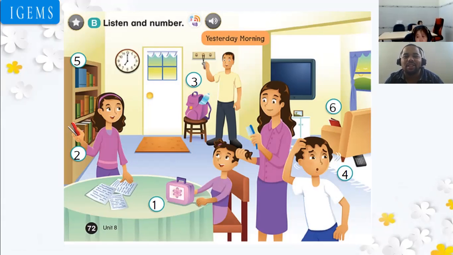Do you remember what is number six? Number six is folder. Very good. Well done. Good job. I love that. You did it very well. So now let's continue.